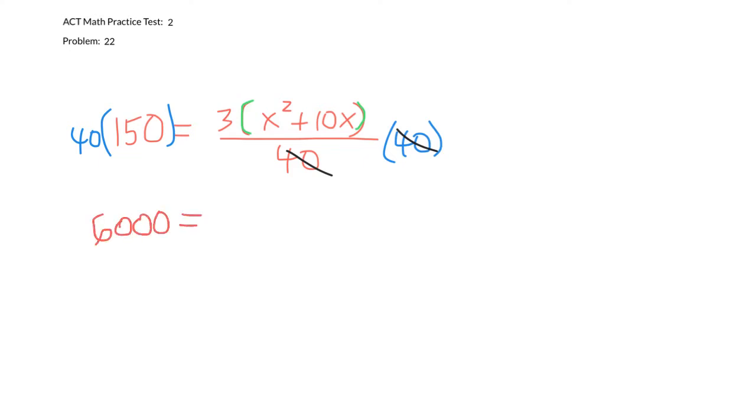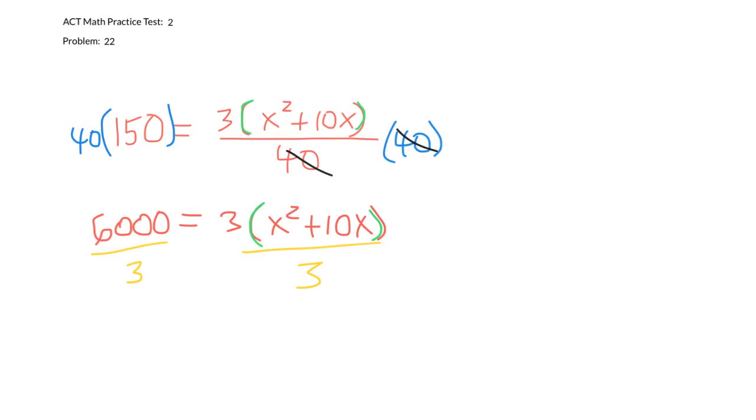6,000, and that equals what we have left over, which is that. Now I'm going to keep this in green parentheses just so we can see that that's the same as that. Now, I think pretty much everyone at home would know that what we need to do now is divide both sides by 3, okay? Some of you might be wondering, could I have distributed the 3?